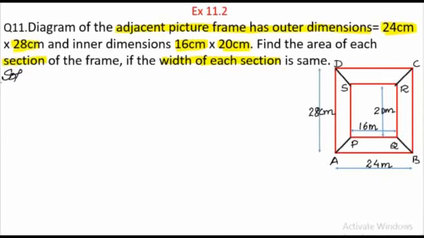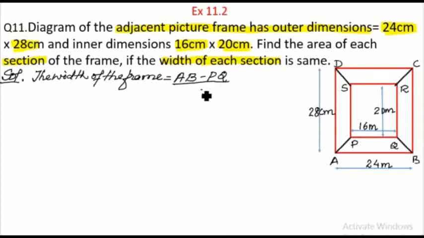First, the width of the frame is equal to AB minus PQ divided by 2, or 24 minus 16 upon 2, is equal to 8 by 2, which is 4 centimeter. So this is the width of the frame.